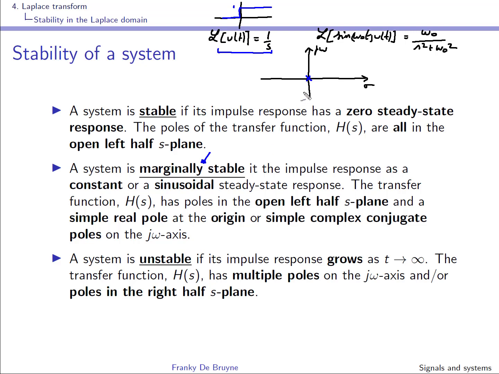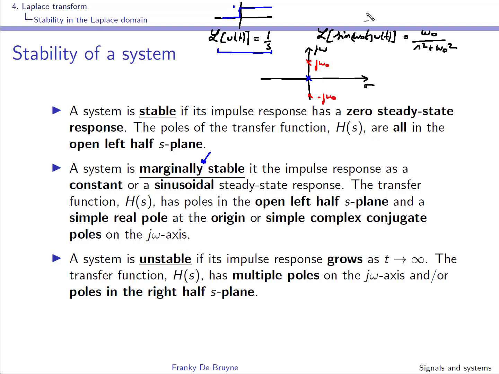This is one pole on the imaginary axis. The other example here is two complex poles on the imaginary axis. So you have j omega 0 here and minus j omega 0 here.